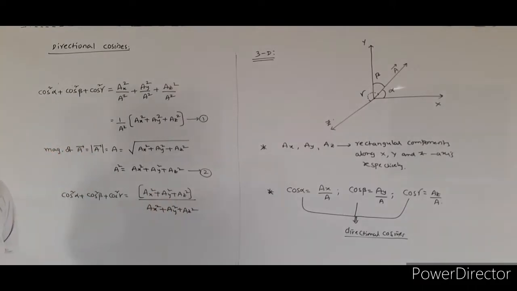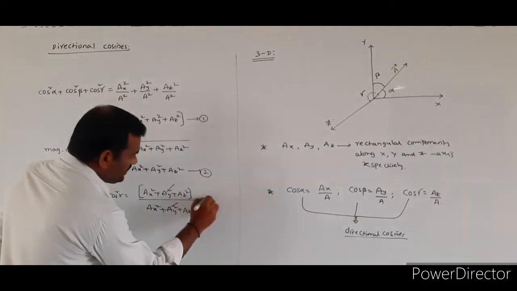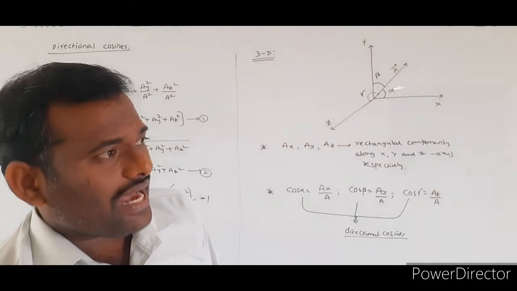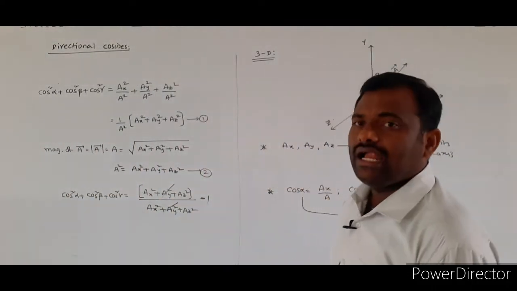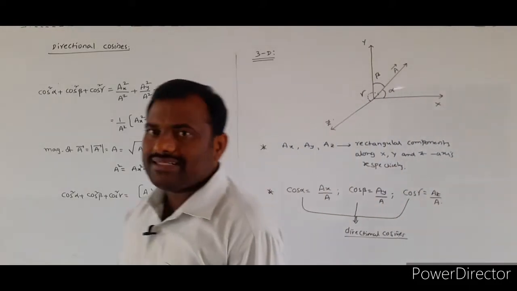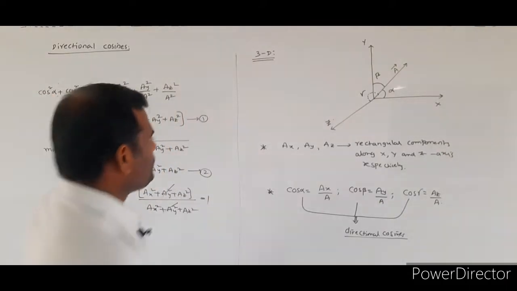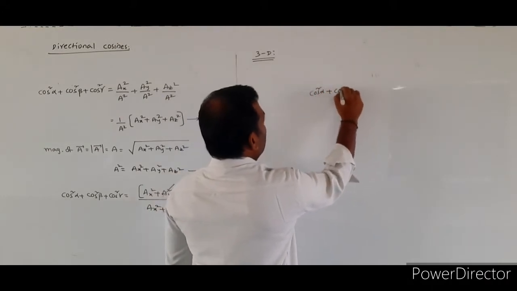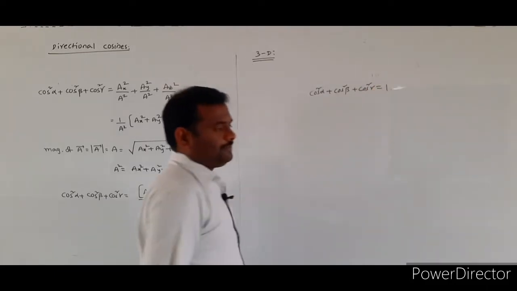These two values remain the same, so we get 1. The sum of the squares of the directional cosines, cos square alpha plus cos square beta plus cos square gamma, is equal to 1.